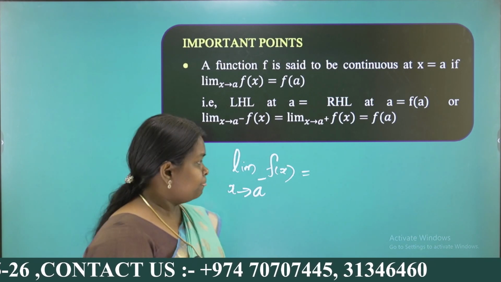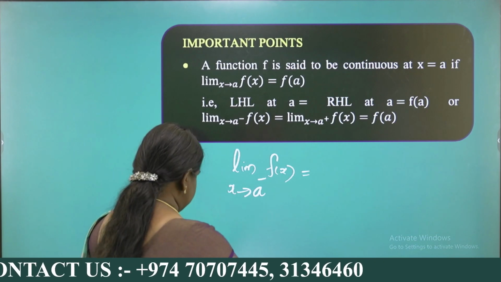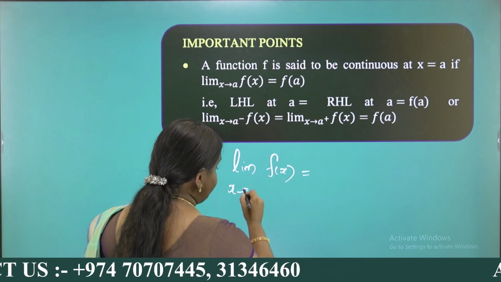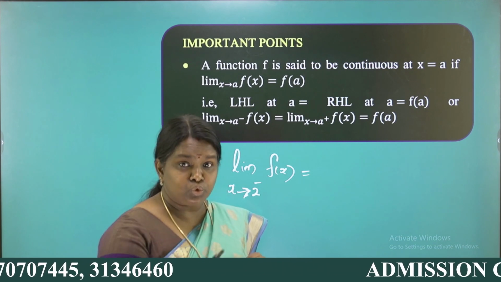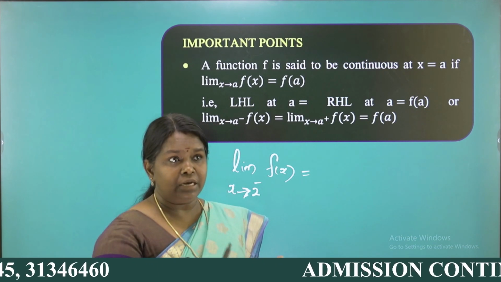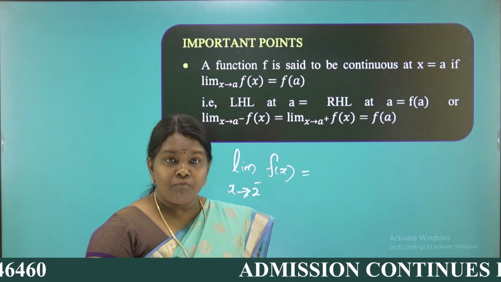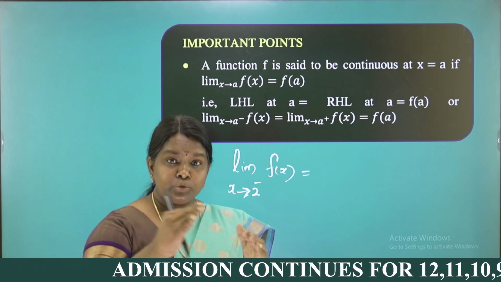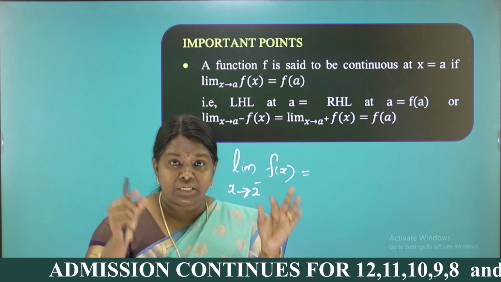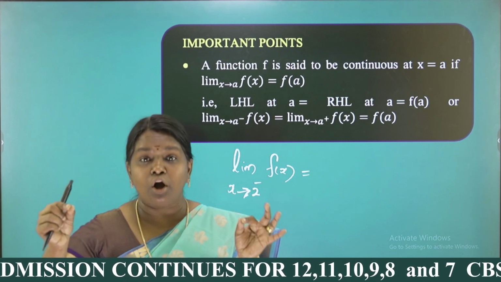For example, limit x tending to 2 minus means the number is tending to 2 but from the left side, like 1.99, 1.999, etc. It's very close to 2. Literally we are taking a small neighborhood of 2.